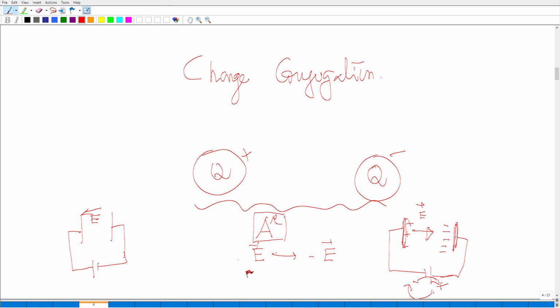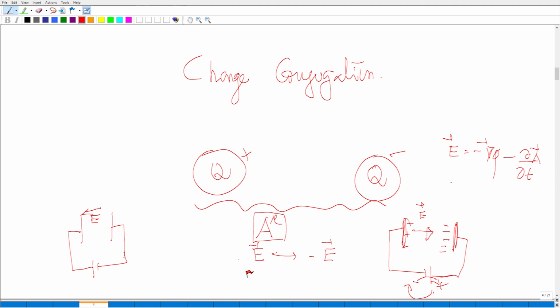So, what is the effect of E going to minus E? This is what happens to E under charge conjugation. We see that E is basically given by minus the gradient of the scalar part of the 4 potential, minus del t of A, where A is the spatial part of the vector potential.